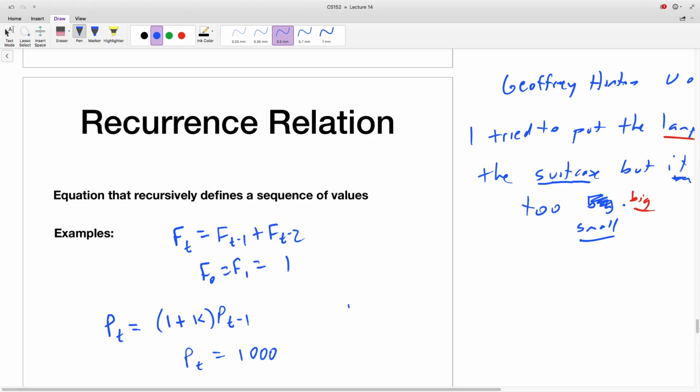And actually, we'll just define k equals 0.04, P0 equals 1,000. Some population growth model. What if I say this, if I add that? Yeah, it's a money growth model, right? This is basically how your money grows at 4% compounded periodically.